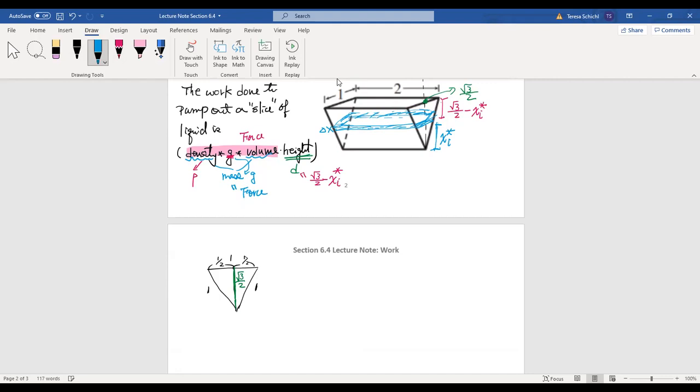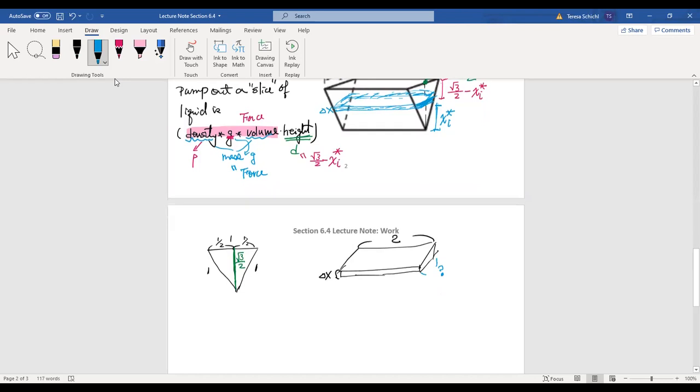If I put this slice out, this is basically my thin slice of water. I know this trough length is fixed, this is 2, and this height is fixed. This is delta x. Now I need to know this side, the width here. That means this blue side. What is the value for this blue side?